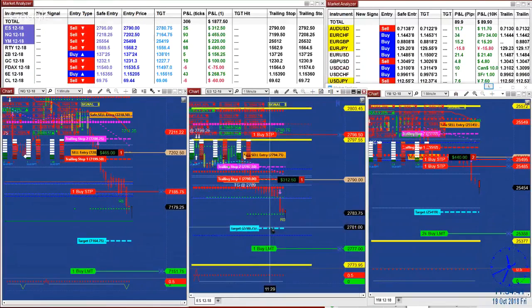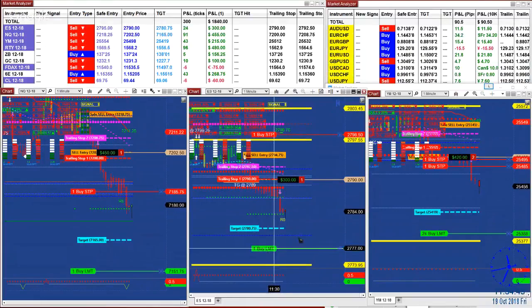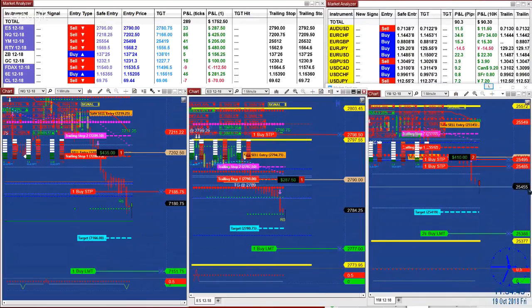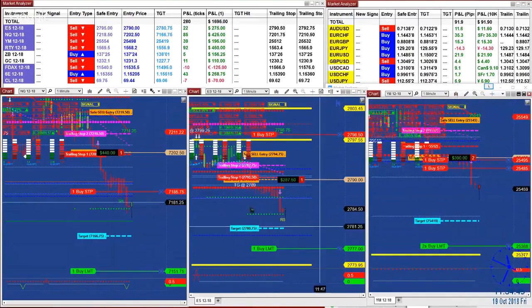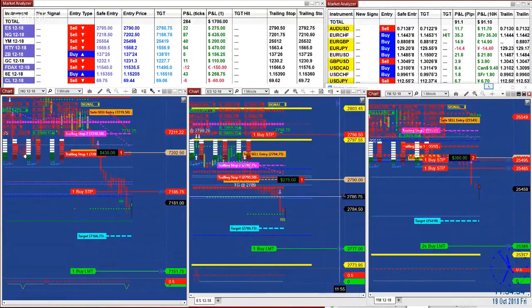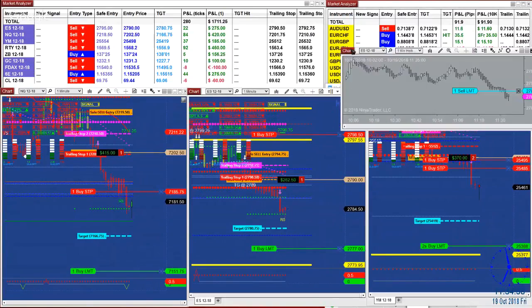On the ES it is 81.75. There is a double projection, one on the Nasdaq and one on the ES. So look at those guys. Look very carefully on this.